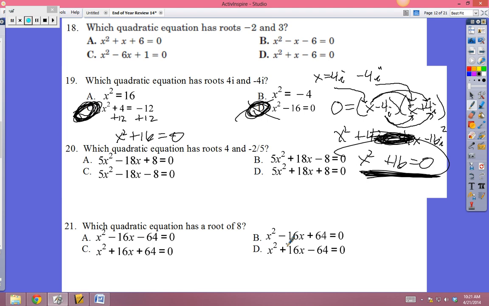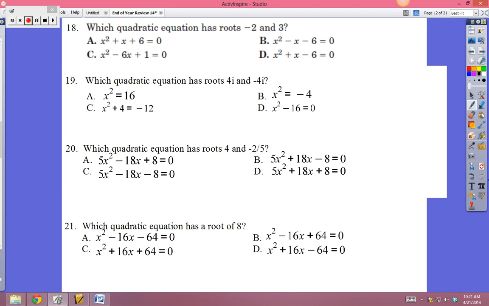Okay, now let's look at these next ones. Let's skip 20. Let's look at 21. If your answer is 8, so if you got just x equals 8, then it's going to be this. It's going to be x, and that's going to be 0. So in both parentheses, it should be minus 8, minus 8.